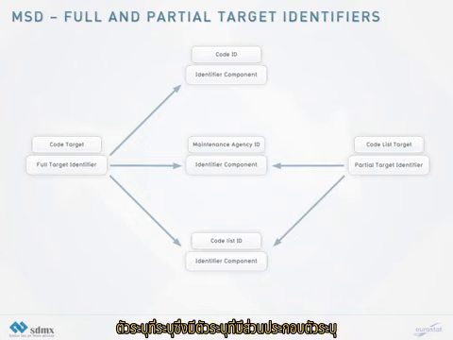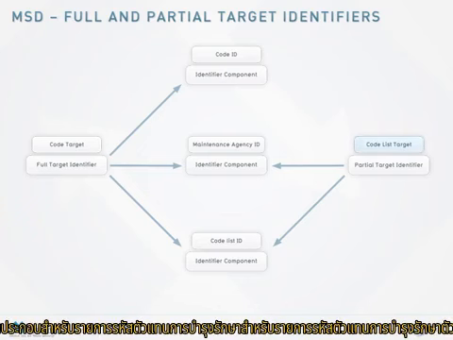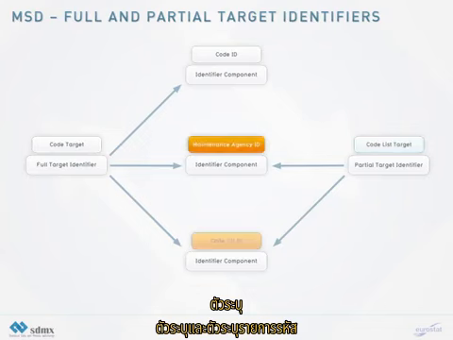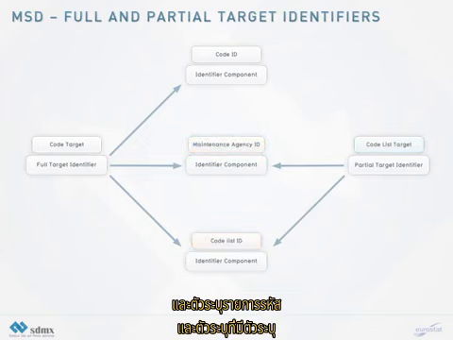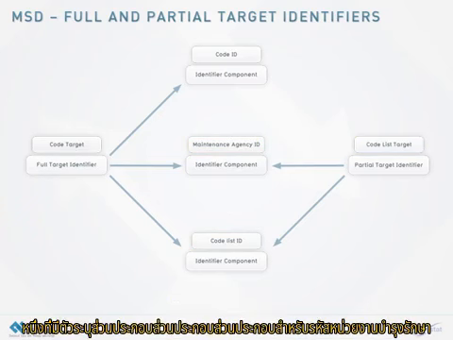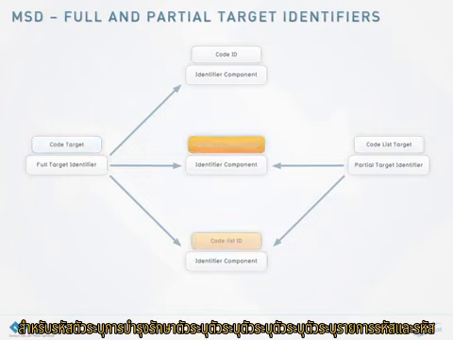One that contains the identifier components for a code list, the maintenance agency identifier, and the code list identifier, and one that contains the identifier components for a code, the maintenance agency identifier, the code list identifier, and the code identifier.